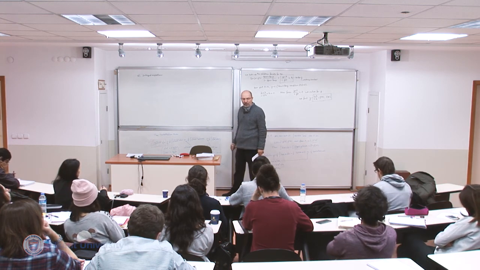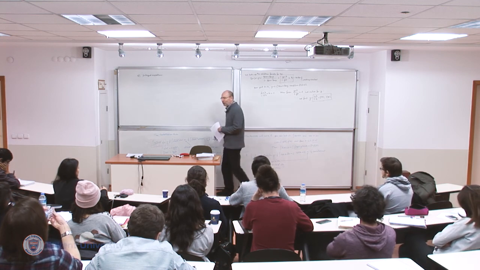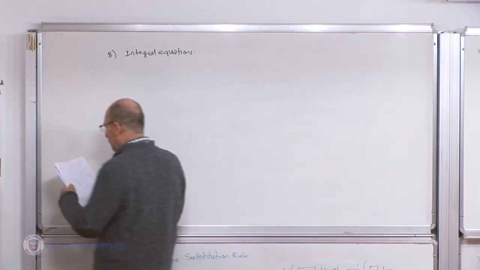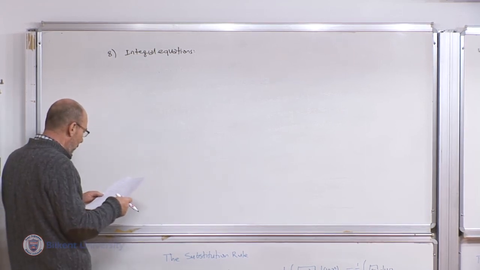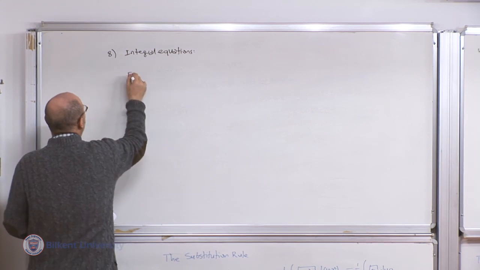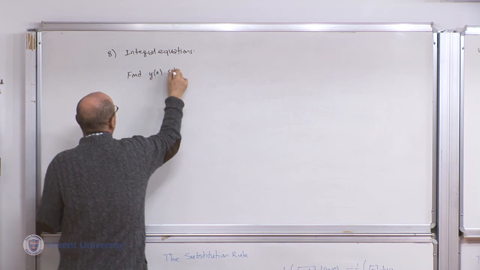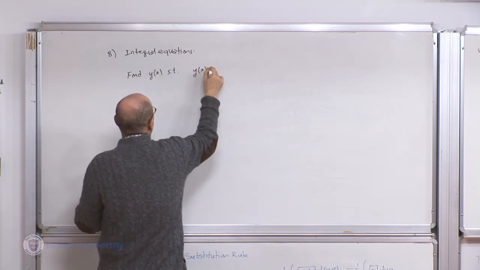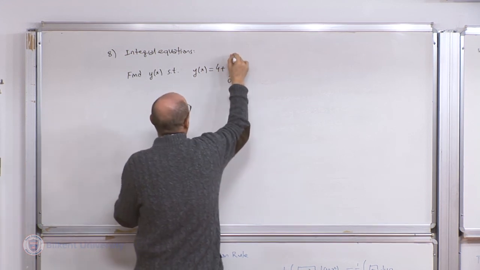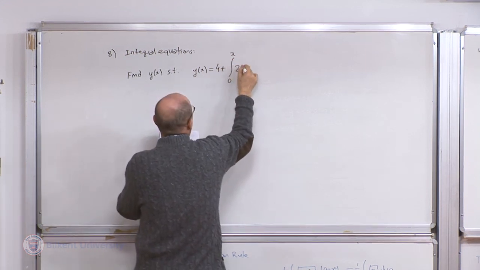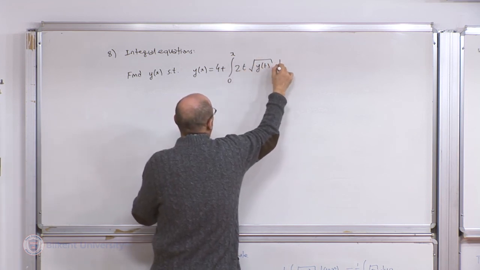Okay, if you can't think of anything, differentiate. If it doesn't work, integrate. So in calculus you can never go wrong. So the example we have is: find y as a function of x such that it satisfies this equation, y of x equals 4 plus the integral from 0 to x of 2t square root y of t dt.